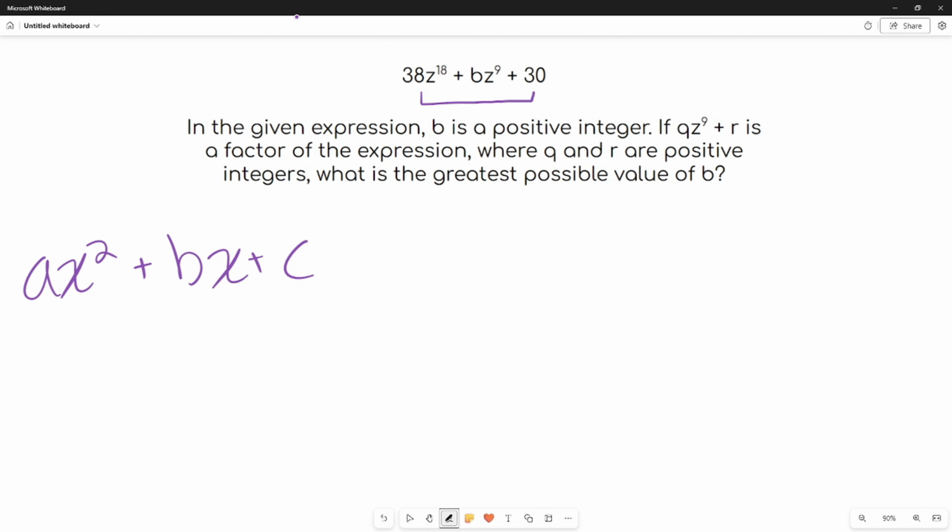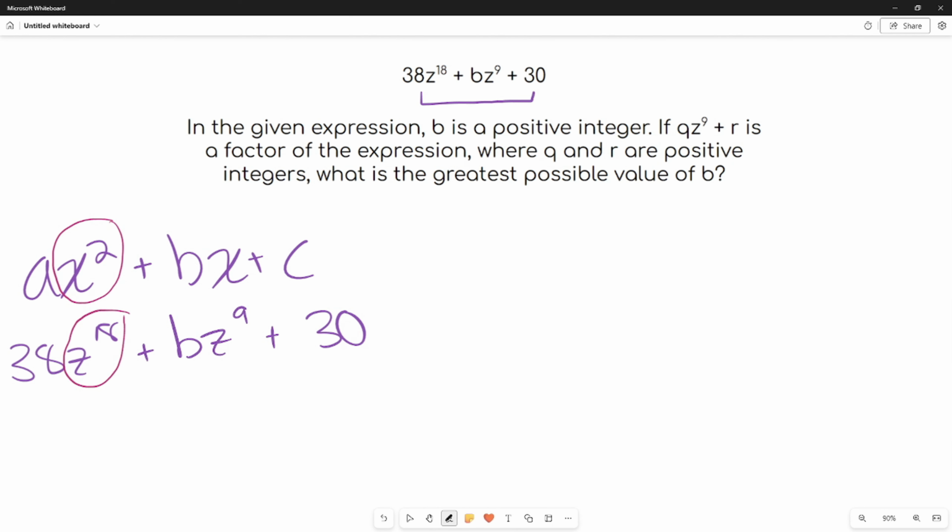And if we quickly move that expression down, 38z to the power of 18 plus bz to the power of 9 plus 30, you notice here that x squared is in the same position as z to the power of 18, and that x is in the same position as z to the power of 9. That means that x squared is equal to z to the power of 18, and then x is equal to z to the power of 9.